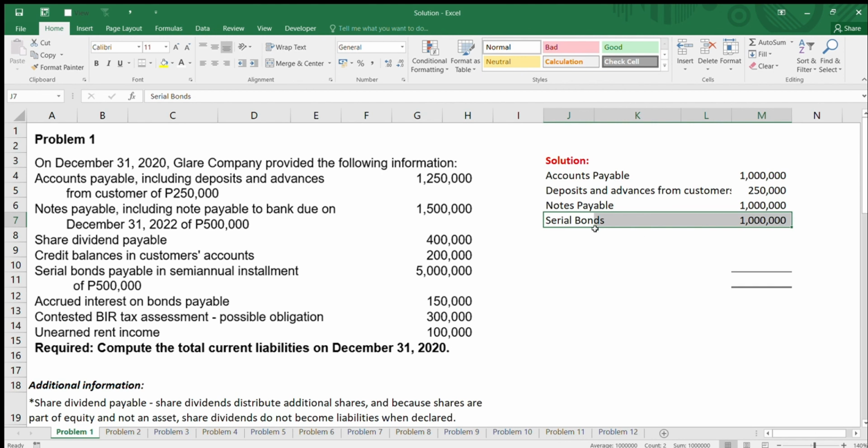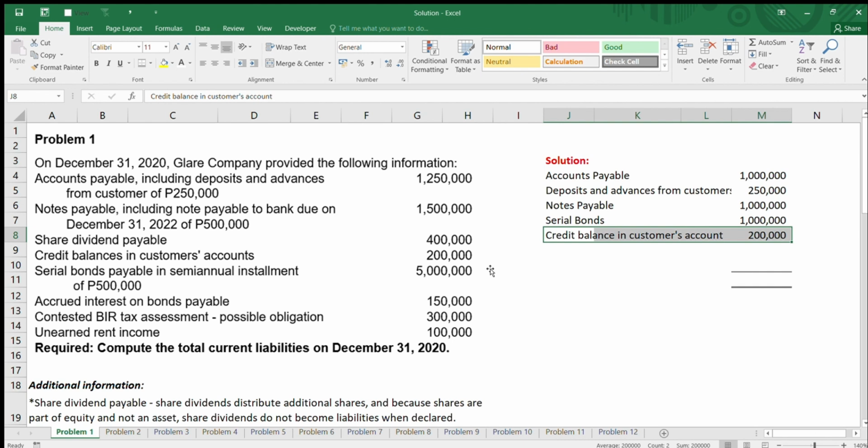So, serial bonds. Here are the credit balances. That is part of your current liabilities. Next, serial bonds payable in semi-annual installment of 500,000. Serial bonds, generally, are long-term. But what is written here is that there is a semi-annual installment.